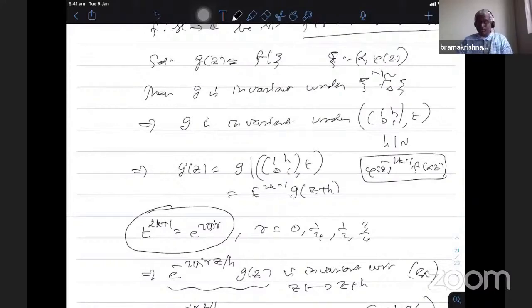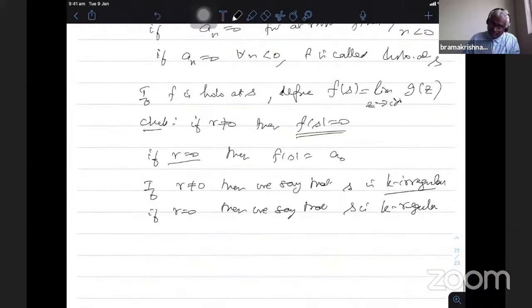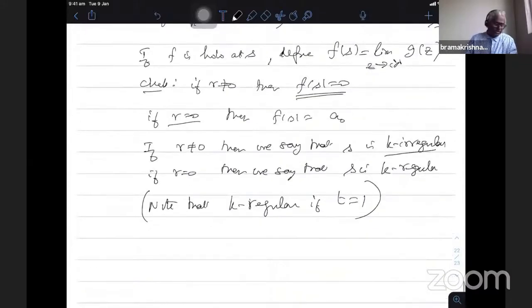So for regular cusps it will become t equal to 1. Otherwise, more generally one can do that.